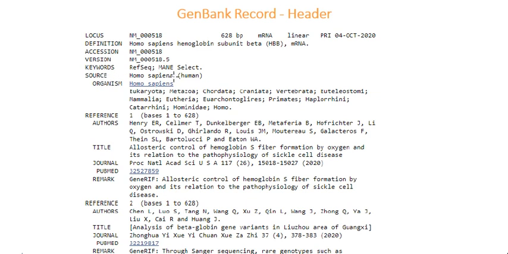The source is the Homo sapiens organism, and you can find the gene similarities in eukaryotes, metazoans, chordates. Then the primary reference and the authors' information of who worked on this gene sequence, the title of the research publication and where it is published, and the submission ID, PubMed.